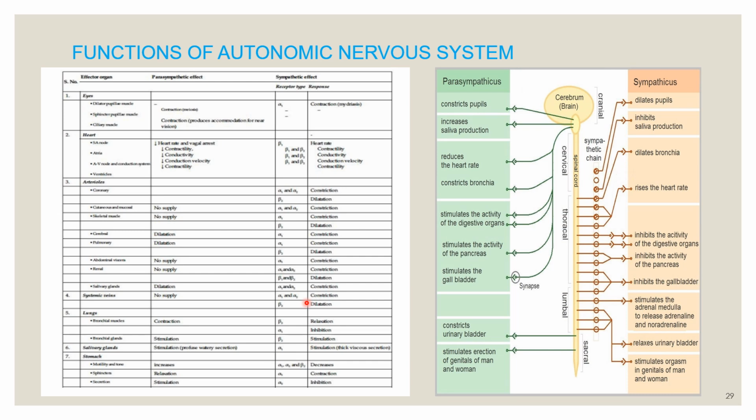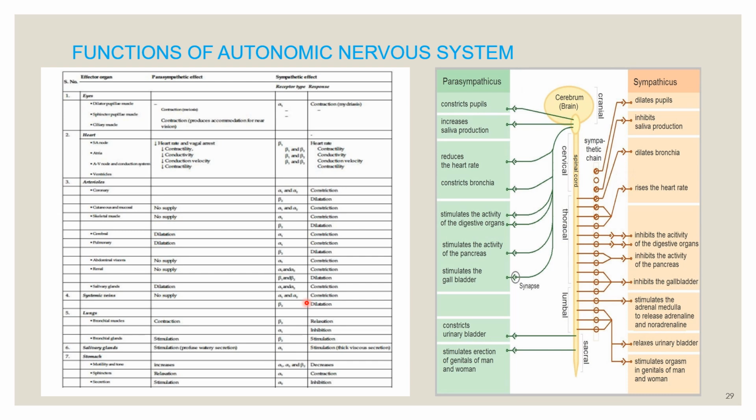And the remaining, all these things, adipose tissue, JG cells, pineal glands, skeletal muscles, okay, all these things don't have parasympathetic effect, and basal metabolic rate and mental activity also do not have parasympathetic effect, but they have sympathetic effect.